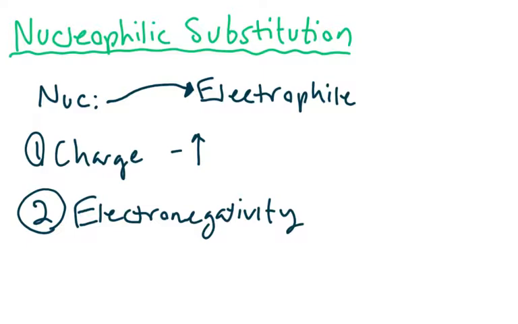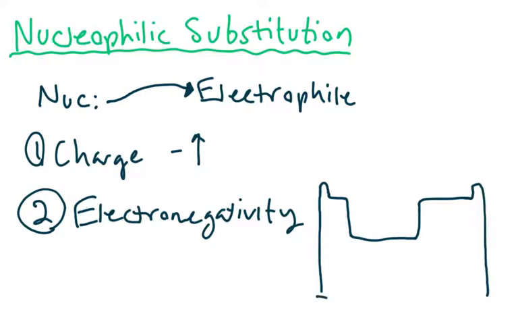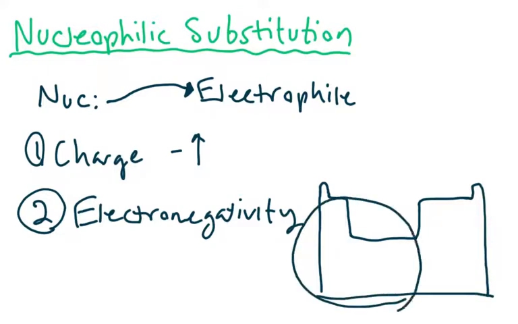If we draw out a periodic table, all these guys in the S and D block, they're going to form positive ions, right? So we don't want them to be a nucleophile because a nucleophile has to be negative or partially negative. Over here, what's happening is the electronegativity is going up in this direction.